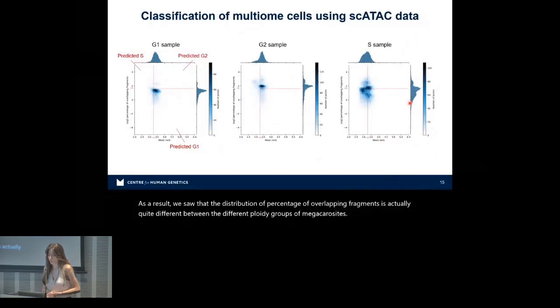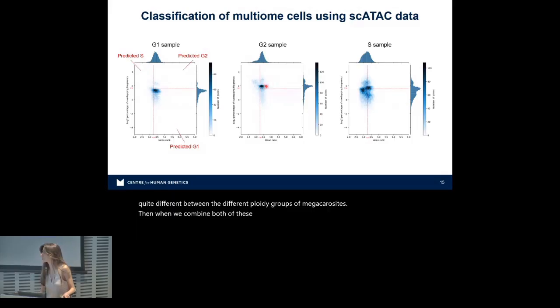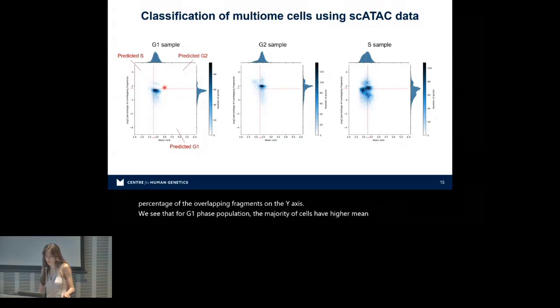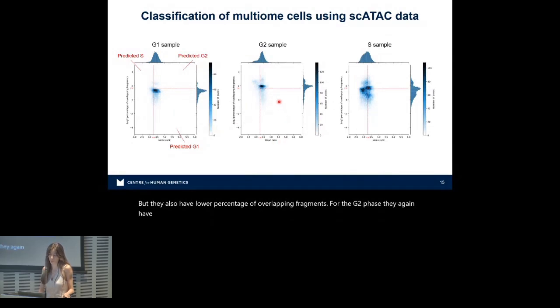Then when we combine both of these metrics, mean rank on the x-axis of these plots and percentage of overlapping fragments on the y-axis, we see that for the G1 phase population, the majority of cells have higher mean rank, but also a lower percentage of overlapping fragments. For G2 phase, they again have higher mean rank, but now a higher percentage of overlapping fragments.